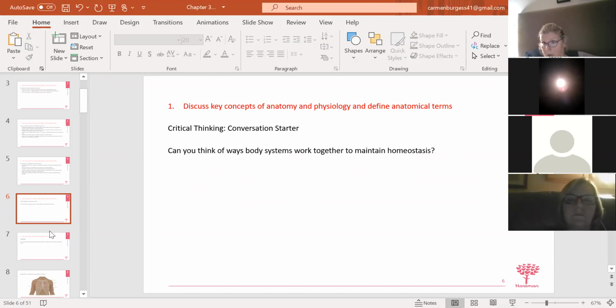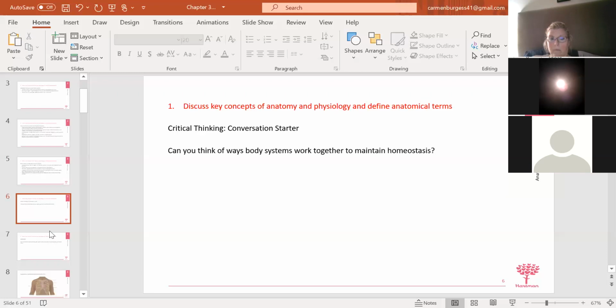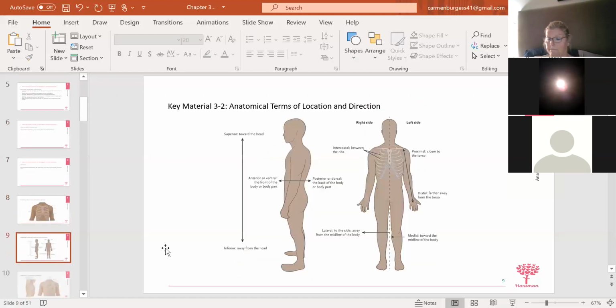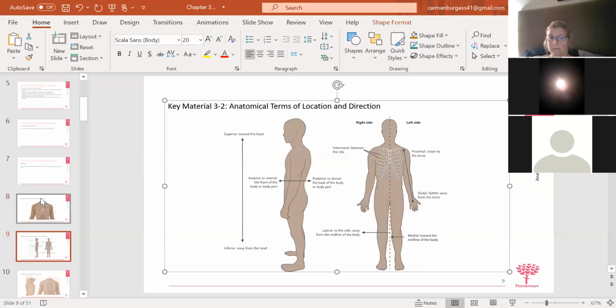So the respiratory system is providing oxygen to all the cells, and it rids the body of CO2, but it does this by way of the blood. So are we all good with those? Yes. Okay.